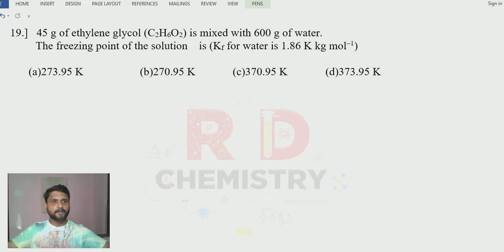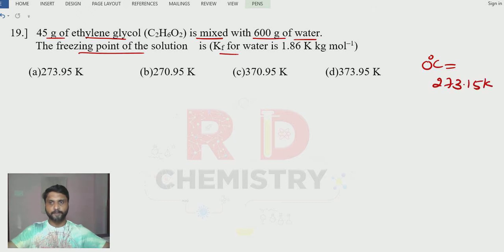Question number 19. 45 grams of ethylene glycol is mixed with 600 grams of water. The freezing point of the solution, Kf is given. Now to solve this problem, you know that pure water has a freezing point of 0 degree centigrade or 273.15 Kelvin. When we add the solute, its freezing point decreases, it should be less than 0 degree or less than 273.15 Kelvin.